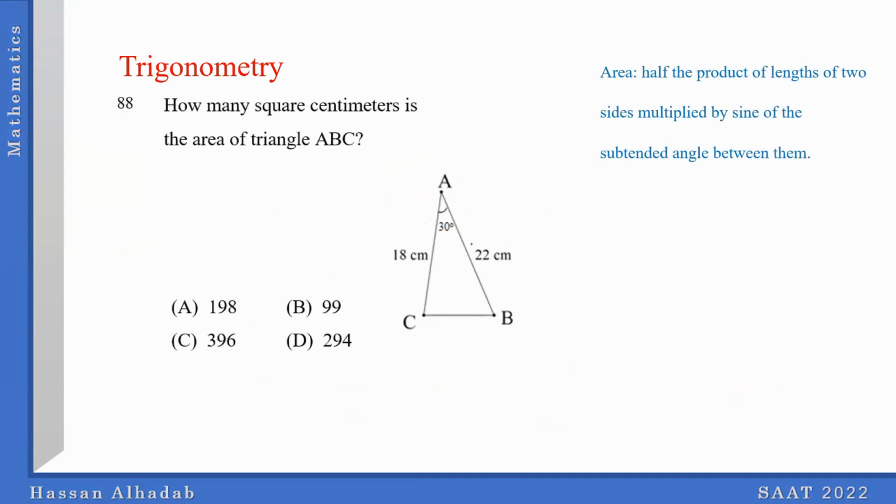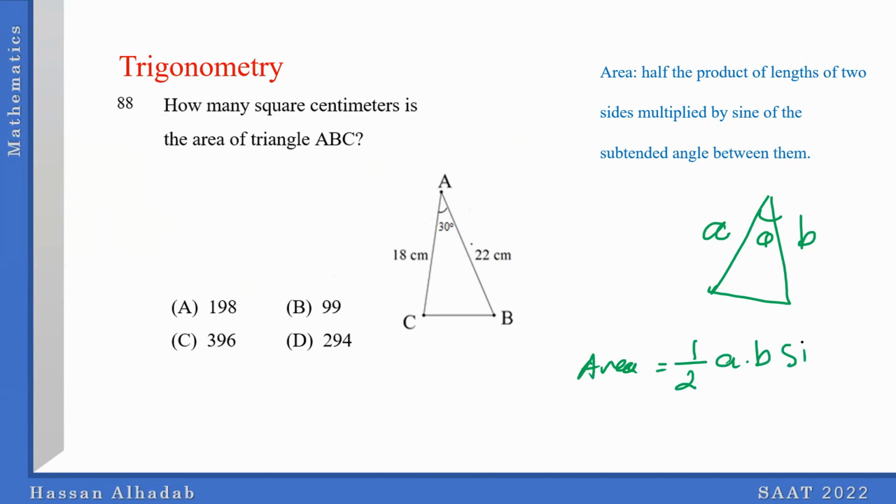So how many square centimeters is the area of the triangle? This is also a problem you should know. So the idea is, whenever you have a triangle, this is A, this is B, this is theta, then the area of the triangle is 1/2 A B sine theta.